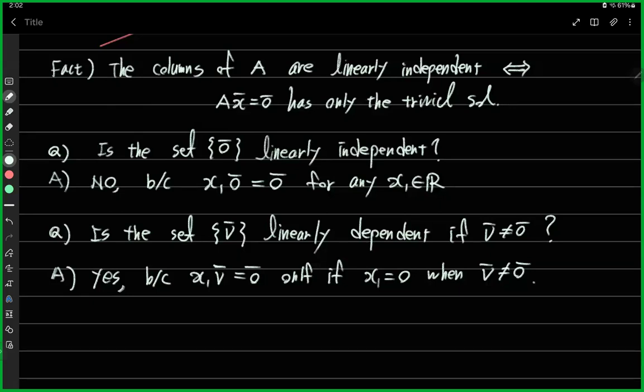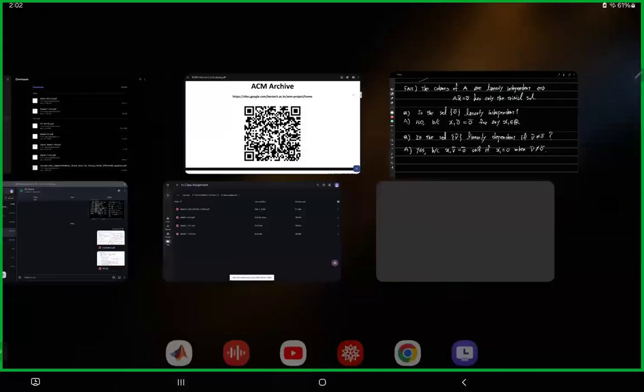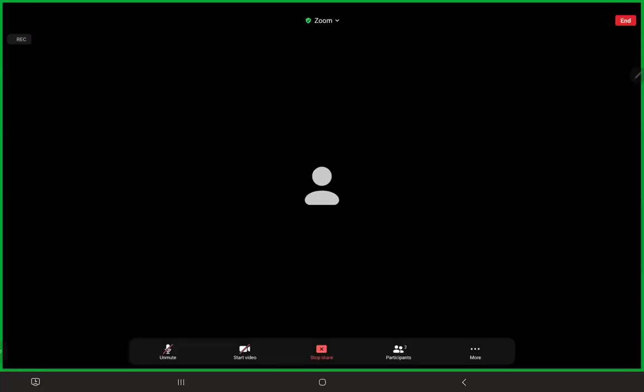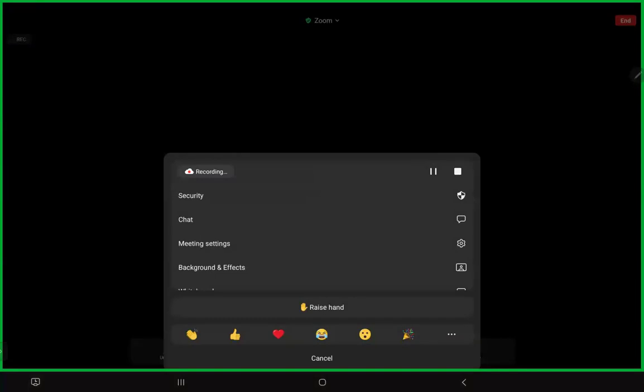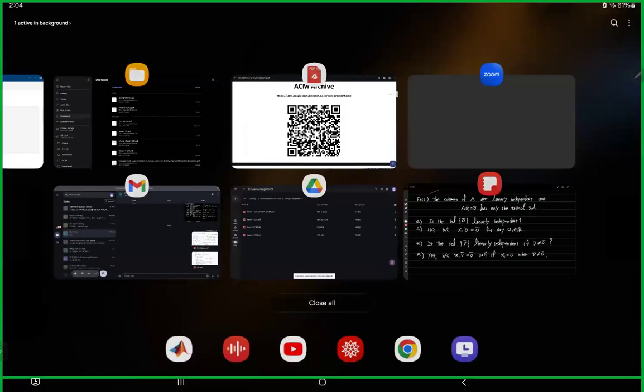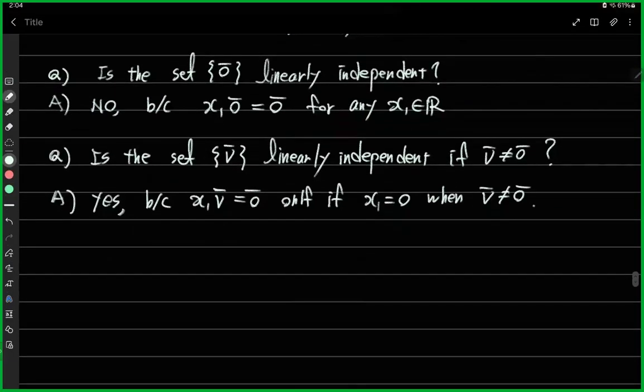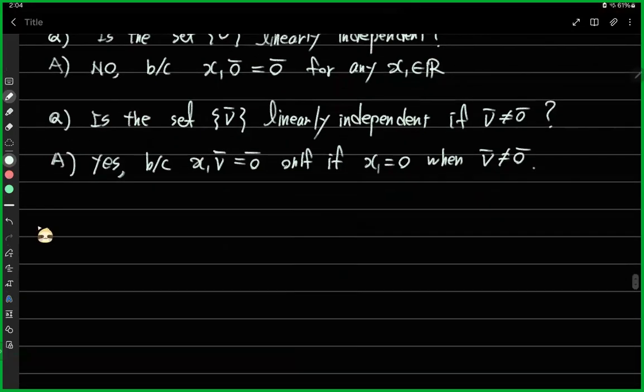Hold on a second. Let me give the three useful theorems for determining whether a set of vectors is linearly dependent or independent.